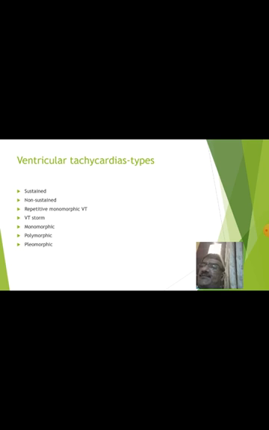That's characteristic of polymorphic ventricular tachycardia. Then you have the pleomorphic ventricular tachycardia, where there is more than one distinct morphology during one episode of VT. In one episode of VT, there is more than one distinct morphology of the ventricular tachycardia.